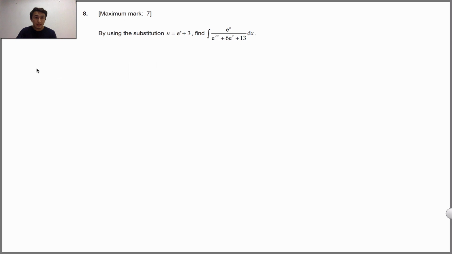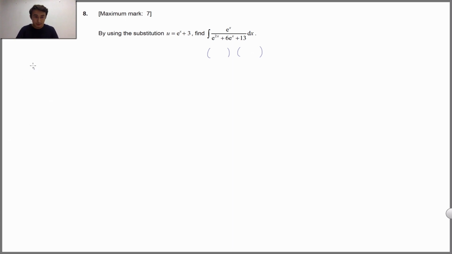Alright, and question 8 is the integration. So we need to do substitution in this problem. Let's see. If you look at the denominator on the bottom, it doesn't seem to be factorizable. We cannot really split it into 2 brackets. But what we can do is the completing the square method.